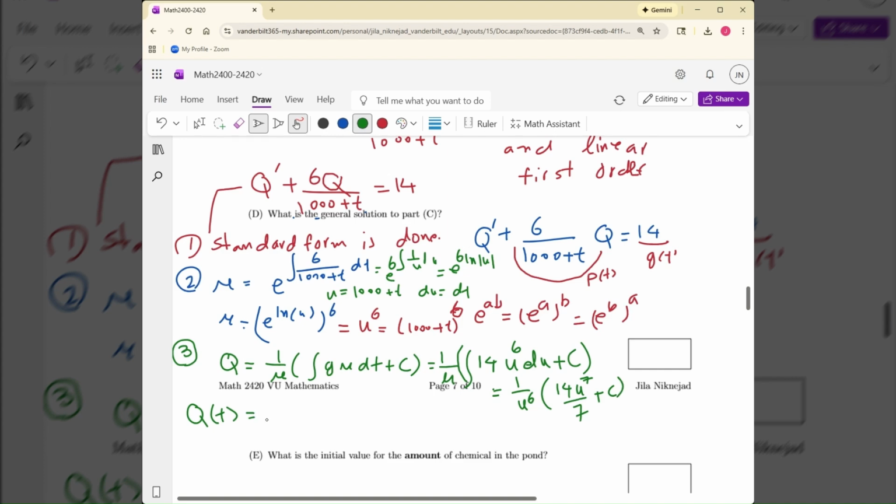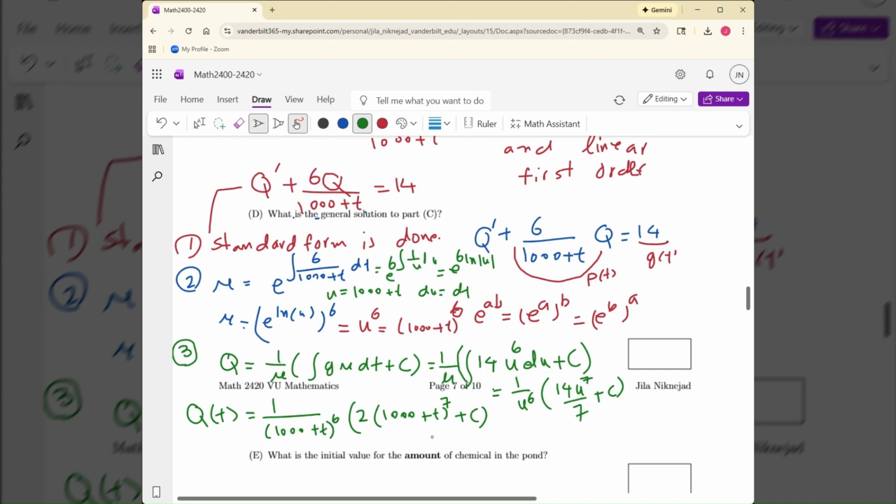So let's rewrite this again. What was u? u was 1000 plus t to power 6. And then 14 and 7 simplify to 2, and u is 1000 plus t to power 7 plus c.